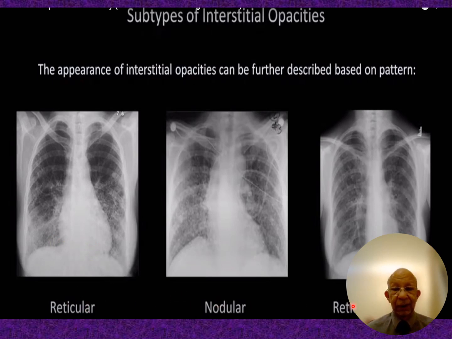Nodular, you see, for example, in rheumatoid arthritis, nodular rheumatoid arthritis. And you can see also nodular infections like fungal infections and tuberculosis, right? So the differential of interstitial patterns are of three types: reticular, nodular, reticulonodular, okay?